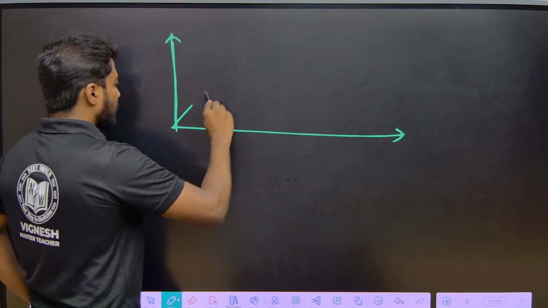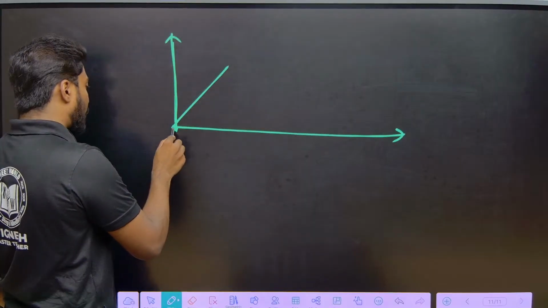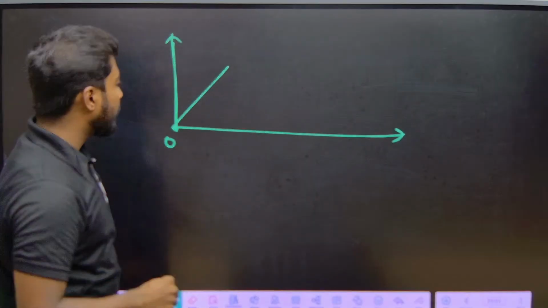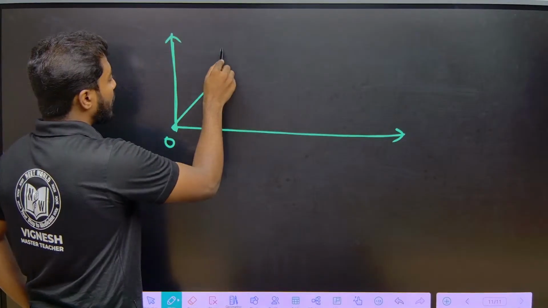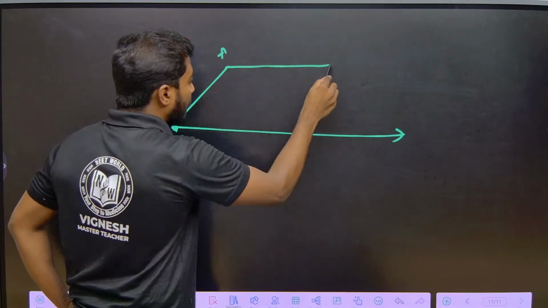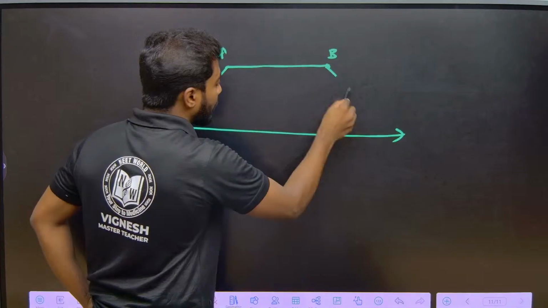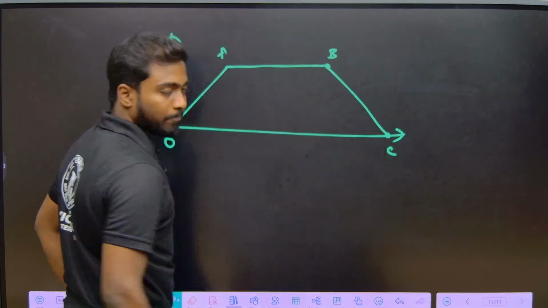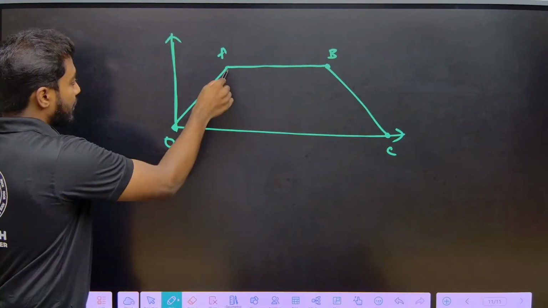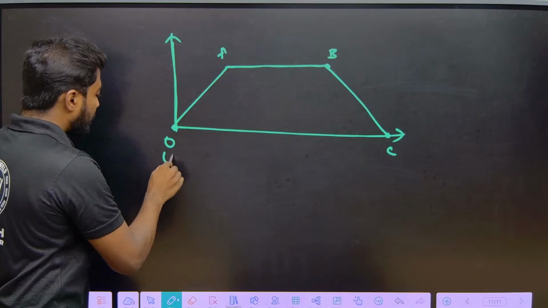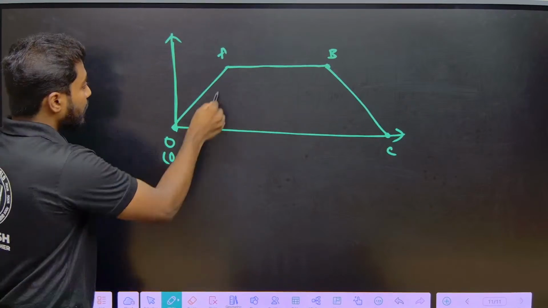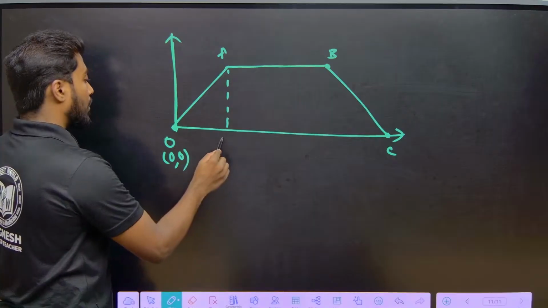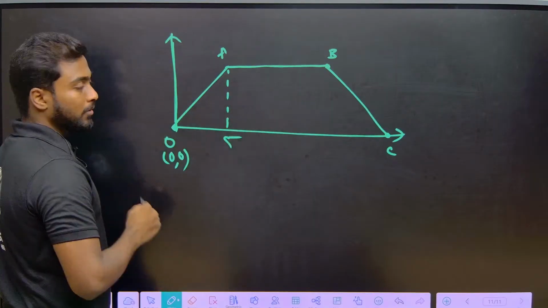See, an object starts from point O. It's moving somewhere to point A, and again to point B, it has moved, and again came to point C here. Okay, so let me take this as 0, 0. This one, somewhere 5.